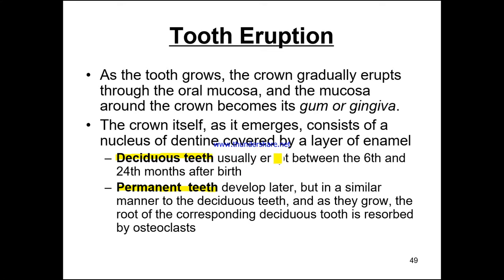Deciduous teeth usually erupt between the 6th and the 24th month after birth. Permanent teeth develop later, but in a similar manner to the deciduous teeth, and as they grow, the root of the corresponding deciduous teeth is reabsorbed by osteoclasts.